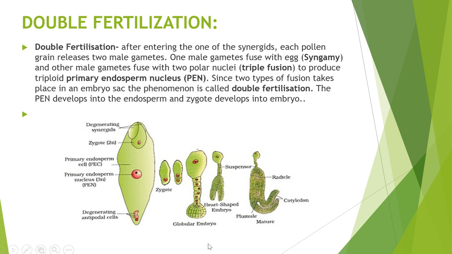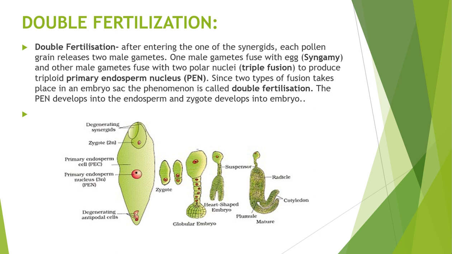This results in the formation of the diploid cell. Okay, अगर one gamete fuse होगा with the egg, such process is known as the syngamy, and after the syngamy this will result in the formation of the diploid cell, and the diploid cell forms the zygote.